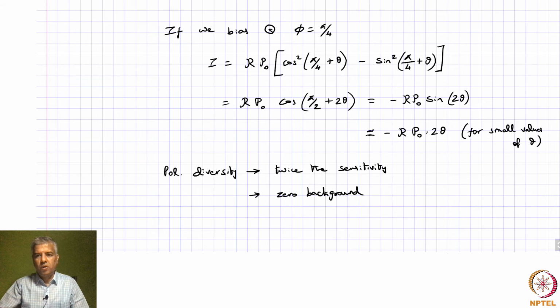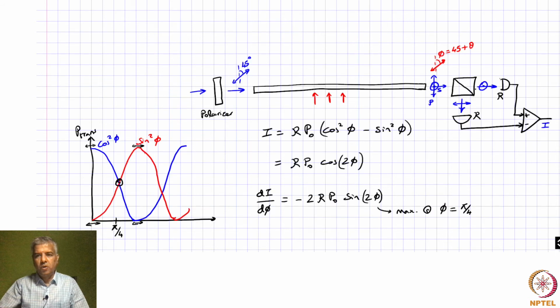So the polarization diversity scheme, which corresponds to looking at both the orthogonal components simultaneously, is the way to go as far as picking up polarization changes is concerned. That's the best way of demodulating your changes in polarization.